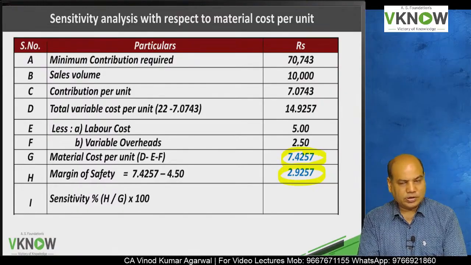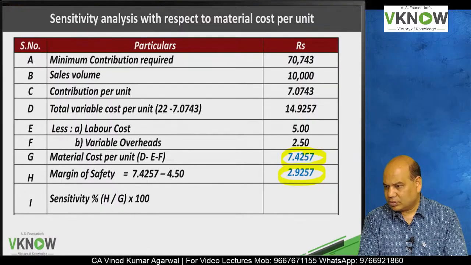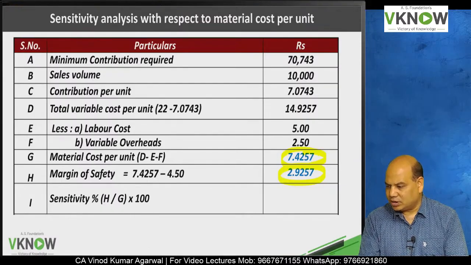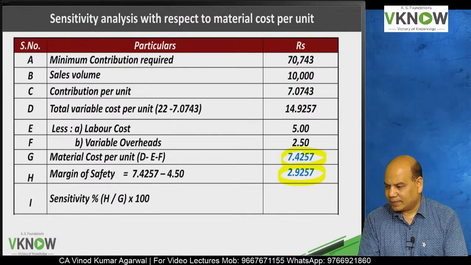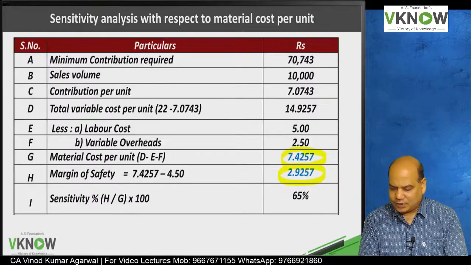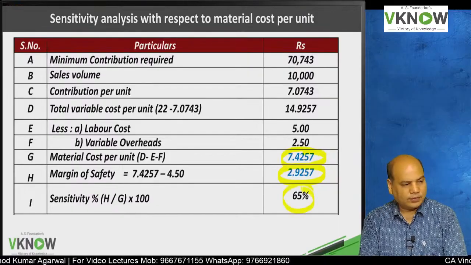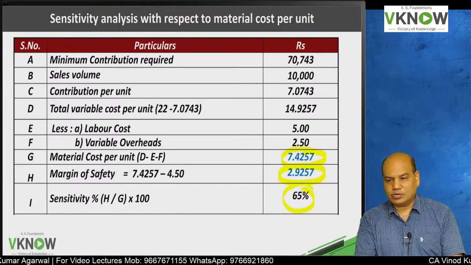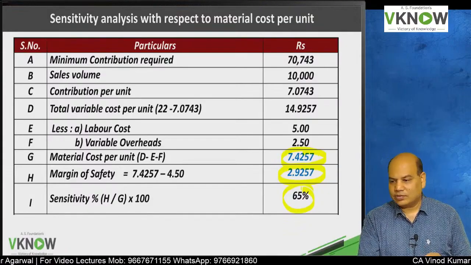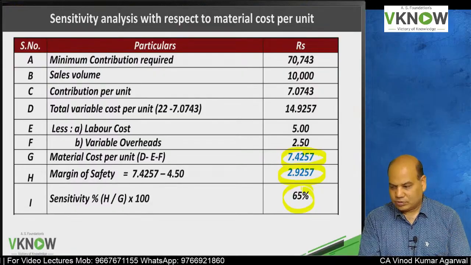Can you tell me the margin of safety percentage now? It is 65%. Oh my God. So here we have a lot of margin of safety. So risk is less when it comes to material cost, because here we have a very high margin.